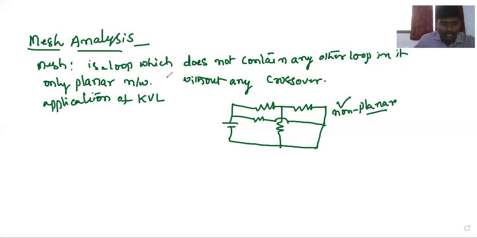So to understand better about the mesh analysis, let me consider one simple example to study in detail about mesh analysis. For that, consider a network with some resistances R1, R2, R3 in series with a battery.